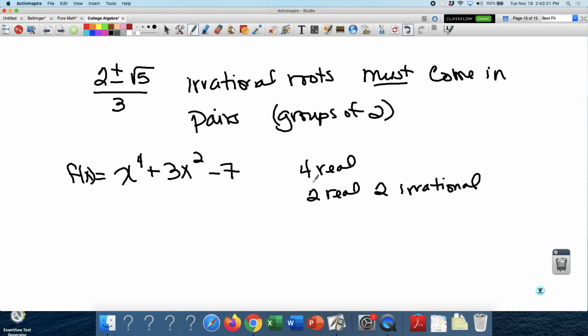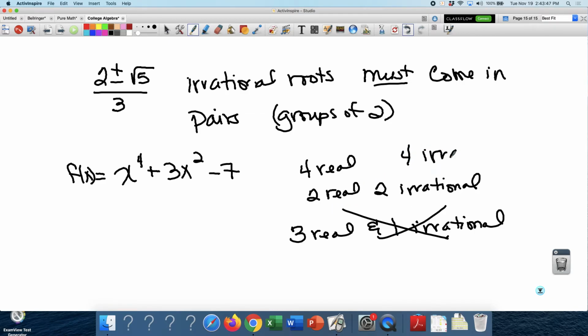But you cannot have 3 real and 1 irrational because all irrationals are groups of 2. Or you can have 4 irrational. But you cannot have odd numbers of irrationals because of this right here. They always come plus minus.